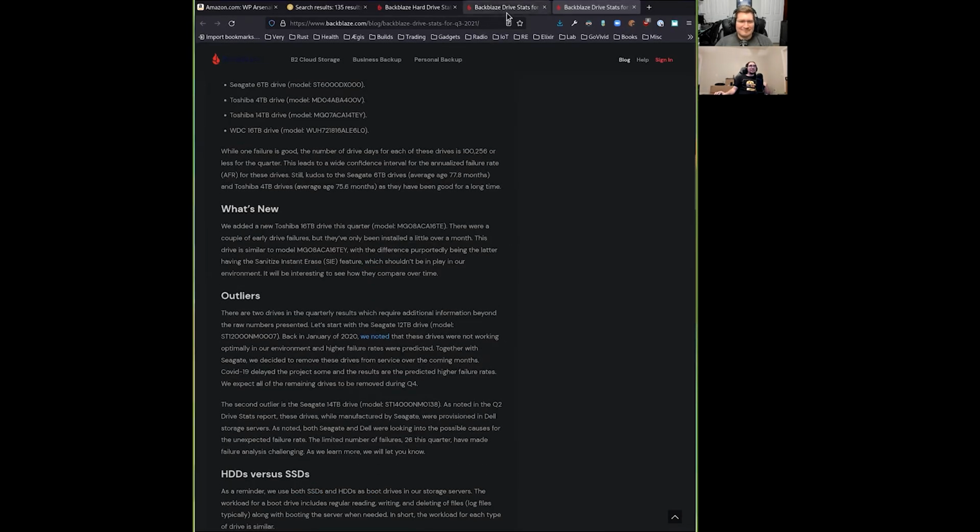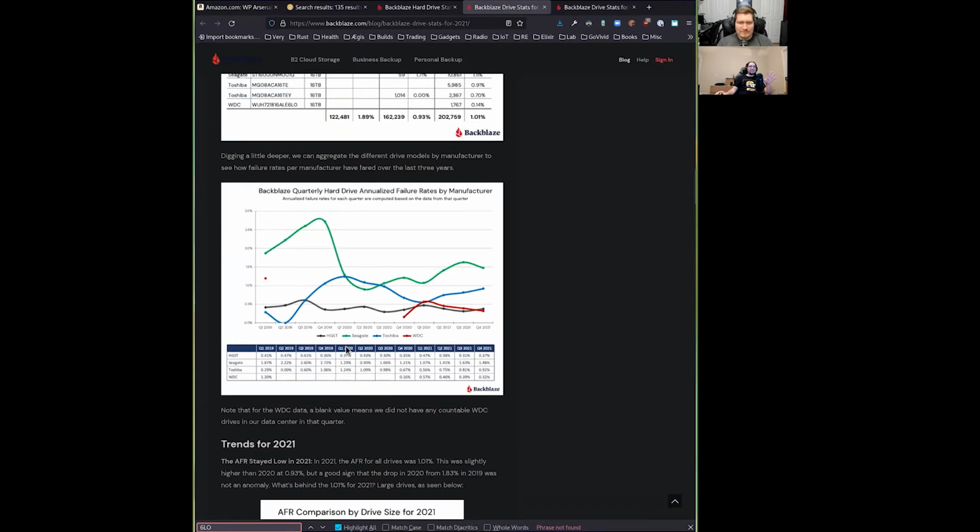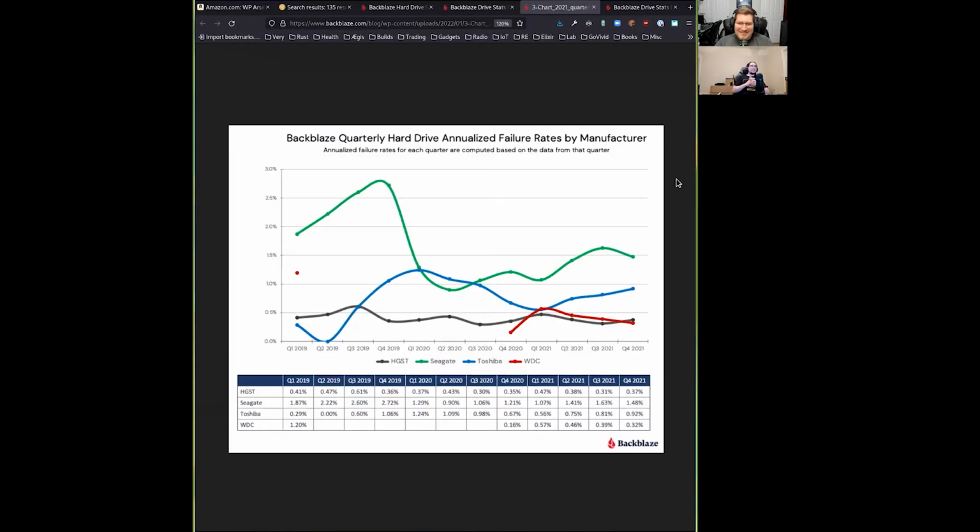So I skipped over this tab. This chart is beautiful. It basically tells me between 2019 and 2021, the consistency of failure rates across brands. So this chart is just amazing.